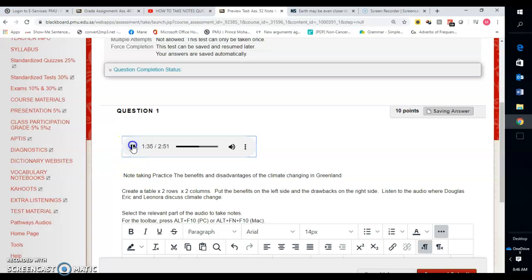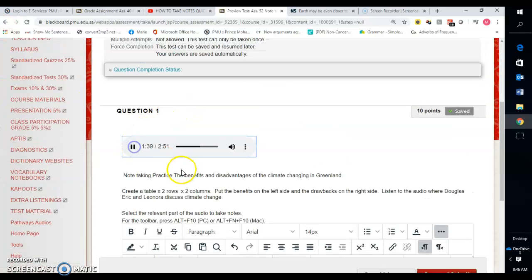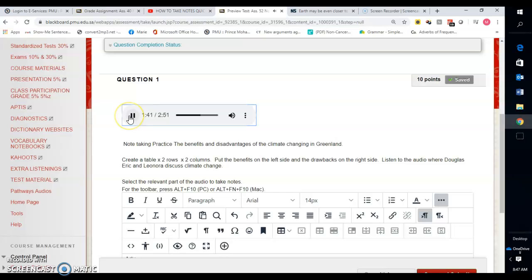It's a disadvantage. And as it does, it leaves behind more land. The land holds the heat from the sun, so as more land opens up, even more ice melts.